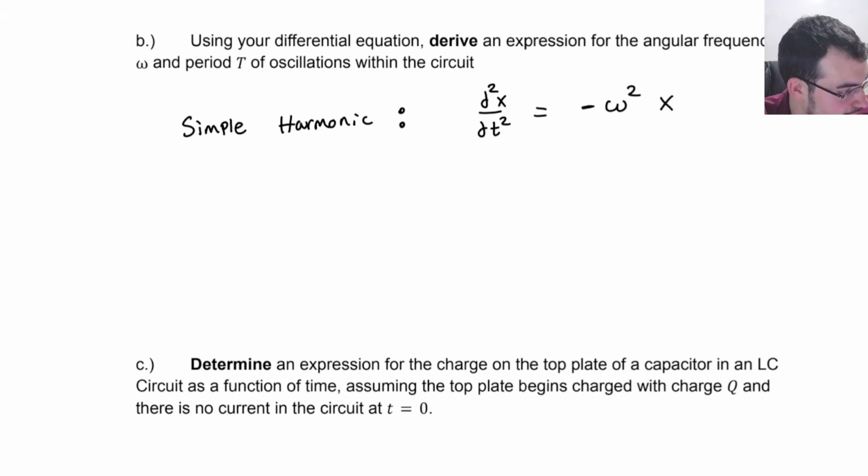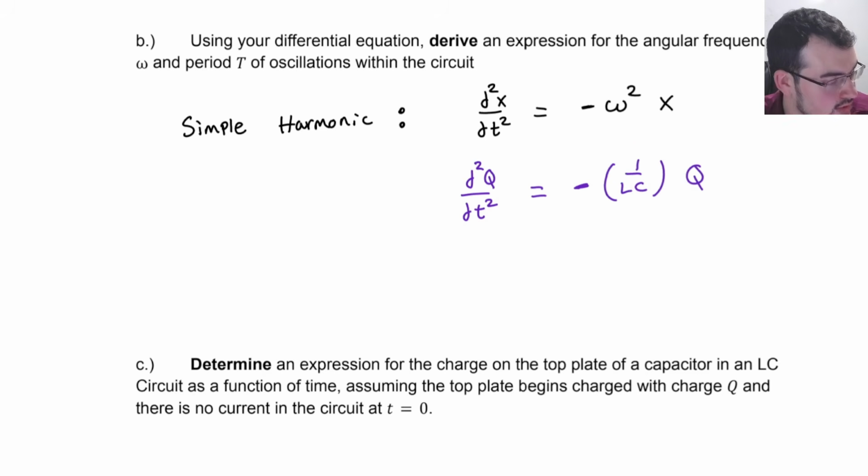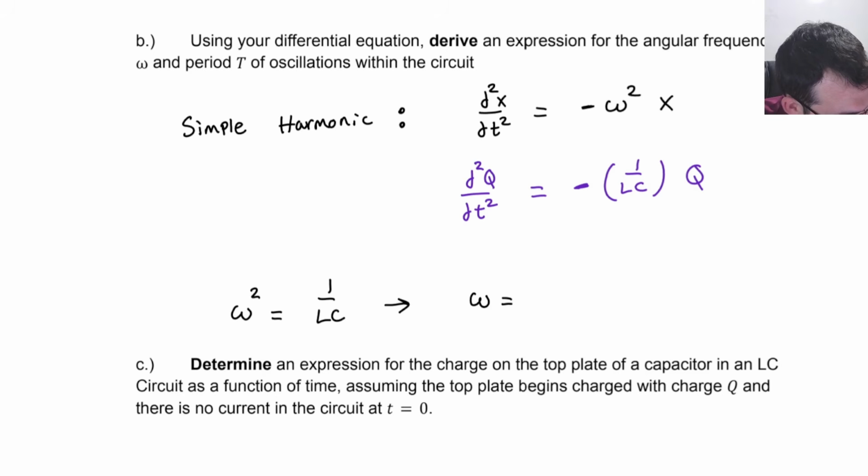So we can just match things up here, because we said that d squared Q dt squared is equal to negative 1 over LC times Q. So what that means for us is that omega squared is equal to 1 over LC. So that means omega is equal to 1 over square root LC.